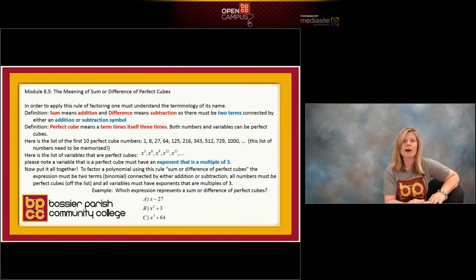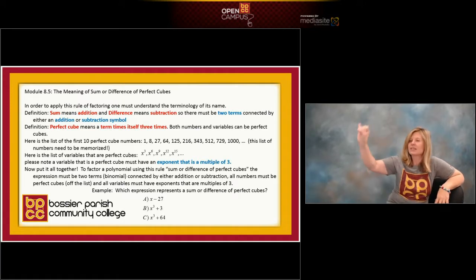Now we need to talk about variables that are perfect cubes. Again, a perfect cube means you multiplied that same expression 3 times. So let's go. What's x times x times x? Well, that'd be x cubed. What's x squared times x squared times x squared? Well, we know when we multiply variables, we add our exponents.